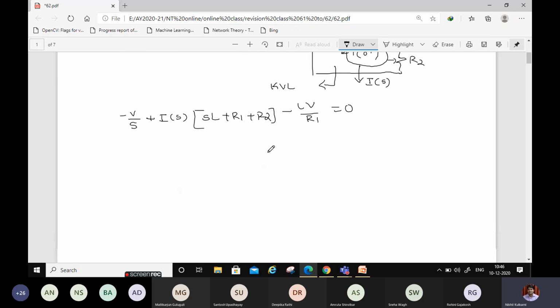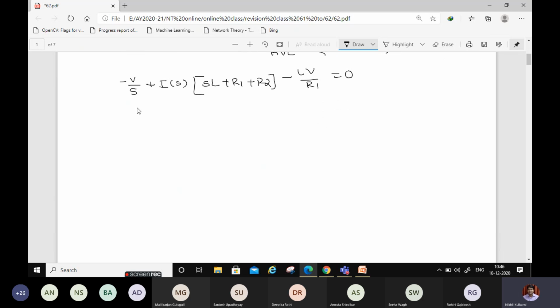Okay, so what do you have to solve for now? I of S. So I of S will be V by S plus L into V upon R1, whole divided by SL plus R1 plus R2. From here onwards you have to use partial fractions.